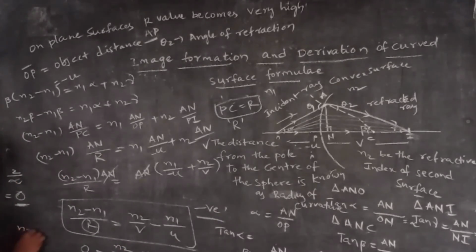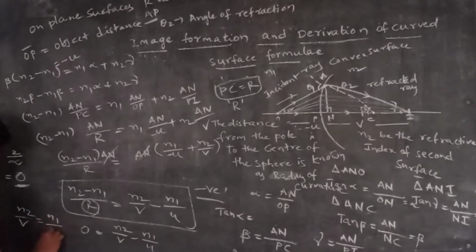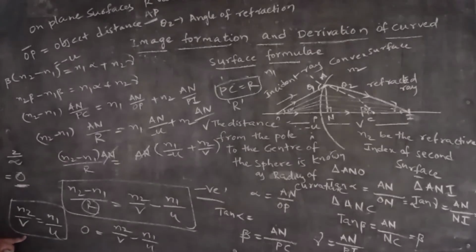From this, n2 by v is equal to n1 by u. This is the formula for refraction at a plane surface.